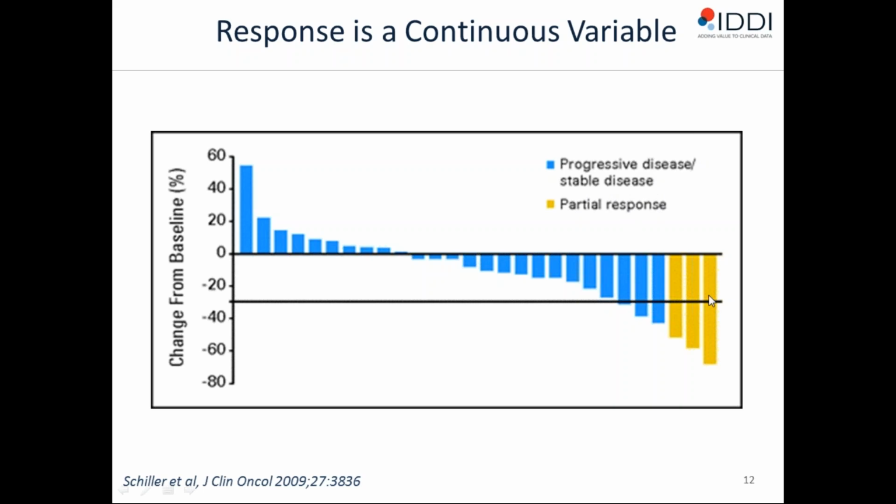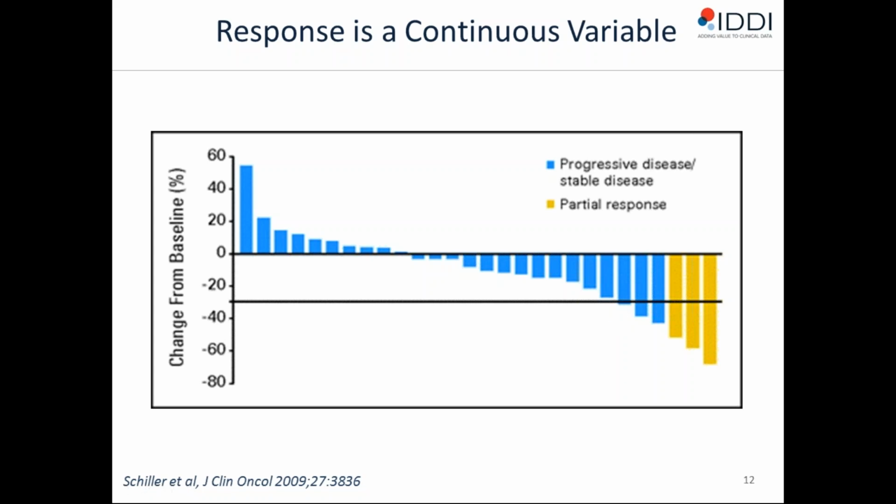So not all patients achieving the RECIST threshold for target lesion reduction will have partial response, because they may have had a different behavior in their non-target lesions or even the appearance of new lesions. So that's why sometimes color coding is used to indicate partial responses and differentiate them from other categories of responses.